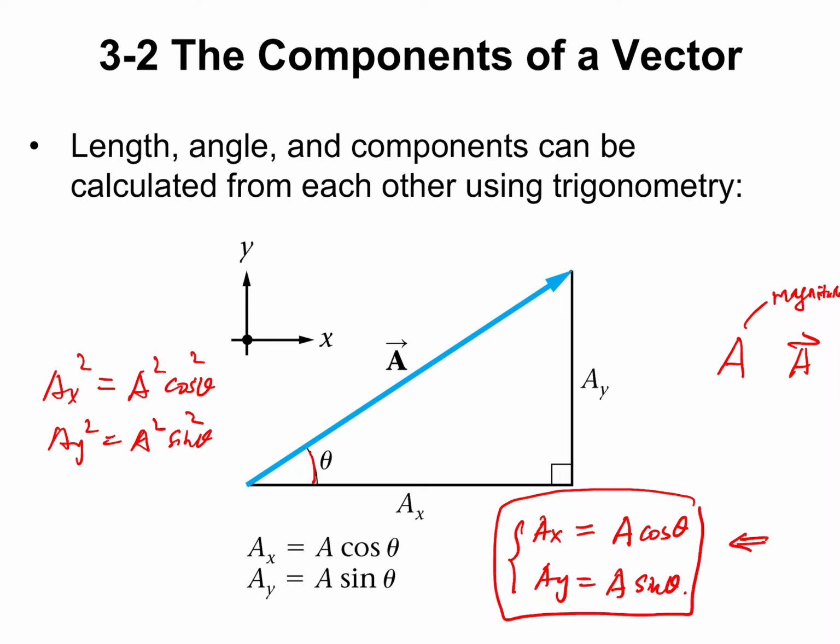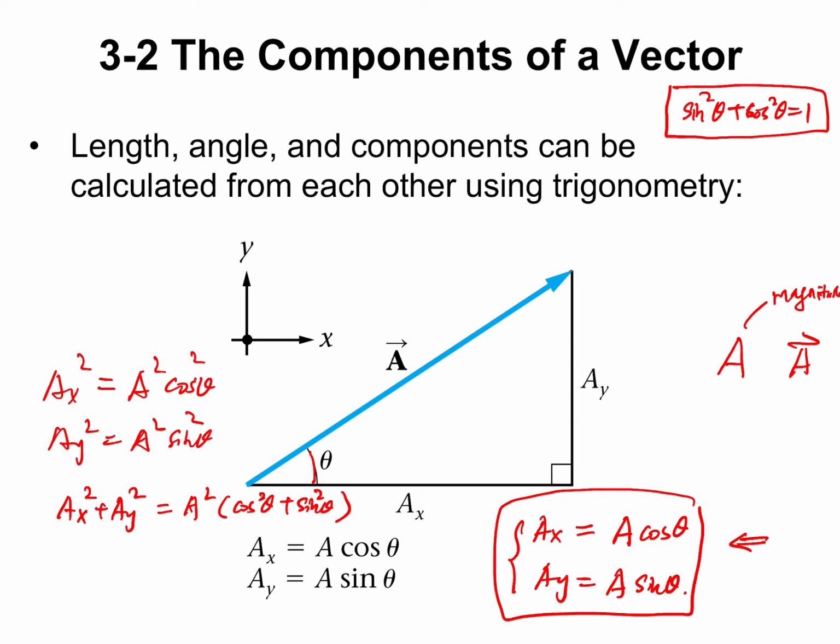Then you add the two together, so Ax squared plus Ay squared equals A squared times cosine squared theta plus sine squared theta. Sine squared theta plus cosine squared theta is 1, an identity. You can actually prove this, but just memorize it. So this equals A squared, and then A equals the square root of Ax squared plus Ay squared.